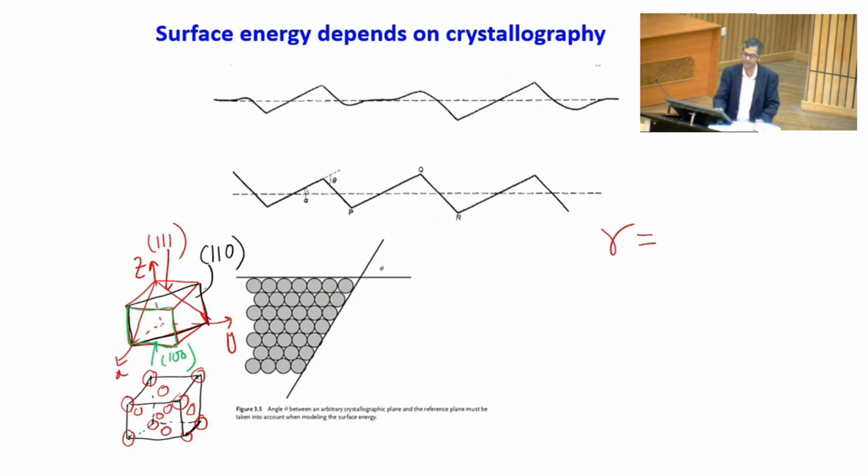The area is different here, a multiplied by a root 2. So, root 2 a square, right. So, I can write down gamma 110 is 6 u over root 2 a square, right.